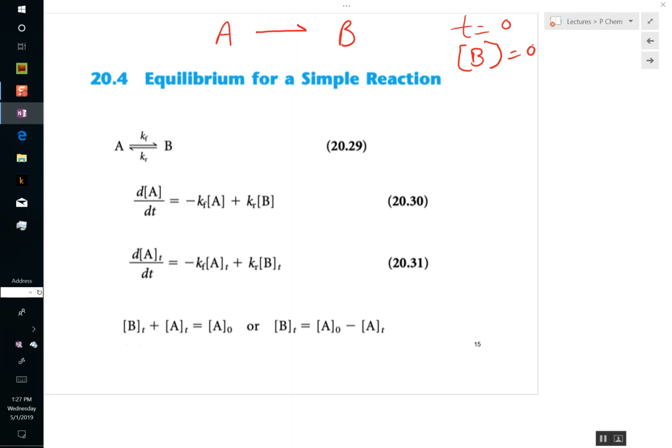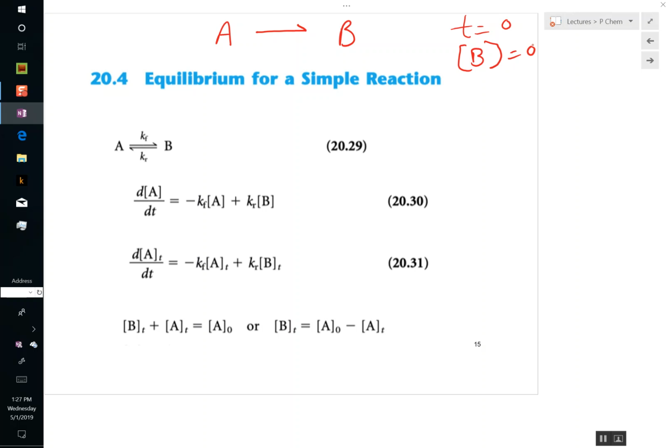And so if you start working down through this, here's where we have this negative, we moved it over here, the rate of change of A with respect to time is the negative of this rate plus the rate of that.